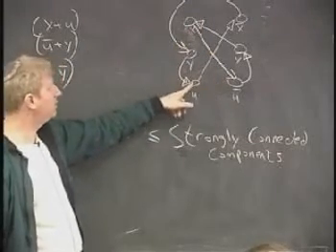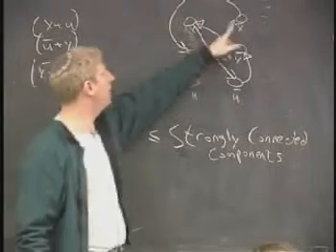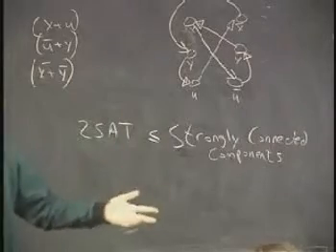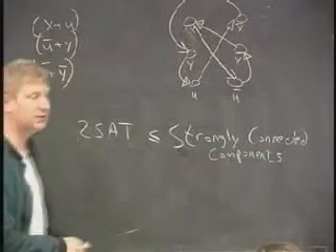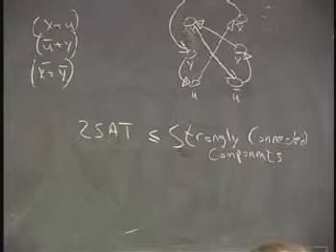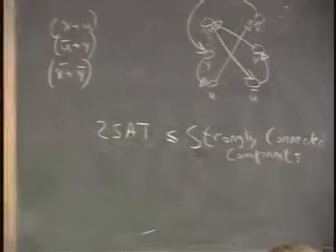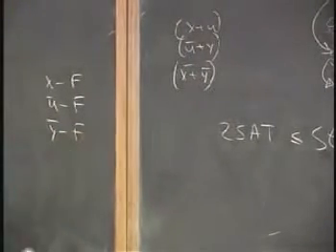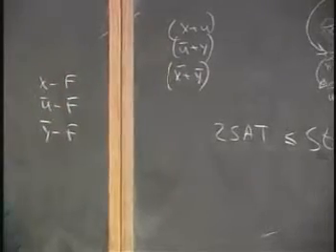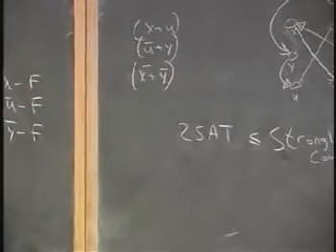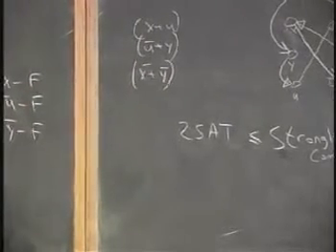Now I can pick this to be false, false, false. Let's see what happens. X is false, u bar is false, y bar is false. And if you look at it, that's a perfectly fine, satisfiable assignment. There's no contradiction, there's no problem.